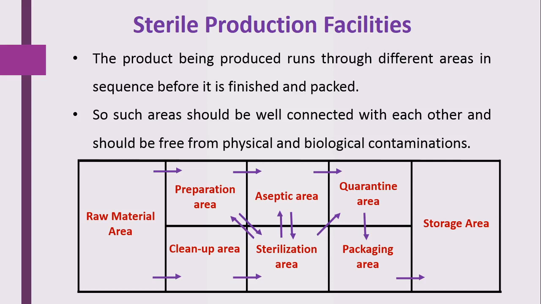The products are tested in this quarantine area, which is why they are separated from others. After that, when the product complies with all the tests, it is sent to the packaging area for packing the product.